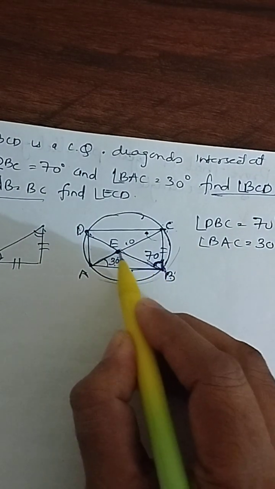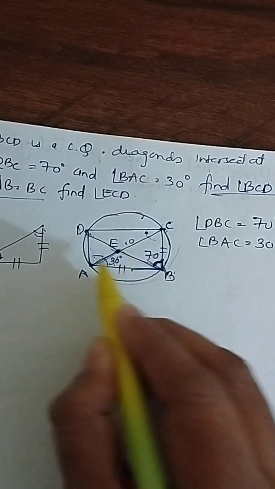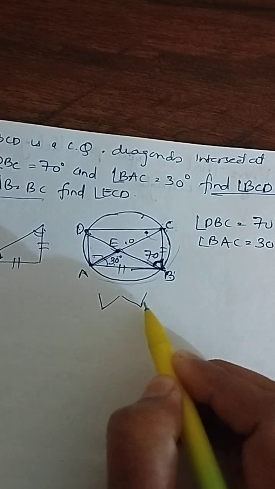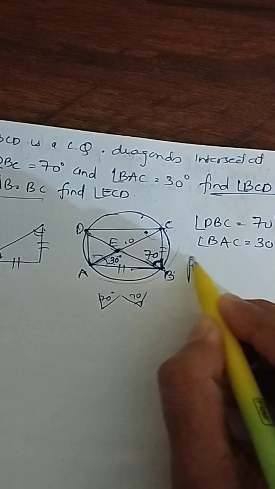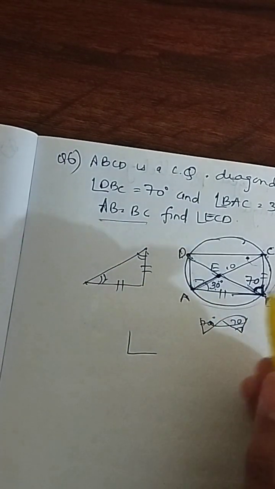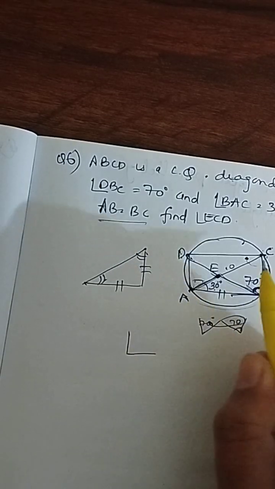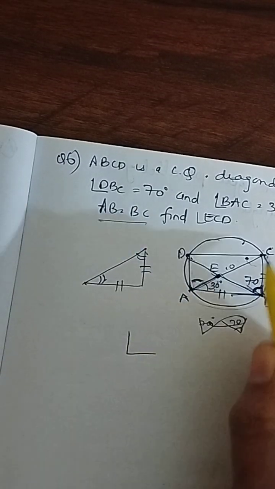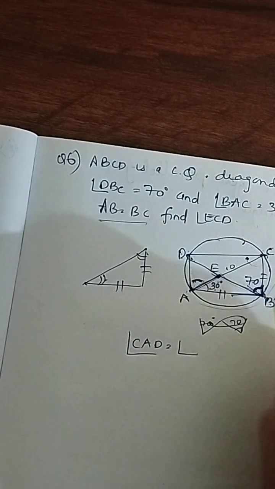Two pointed edges like this are 70, so this also is 70. So we write here angle CAD is equal to angle CBD.